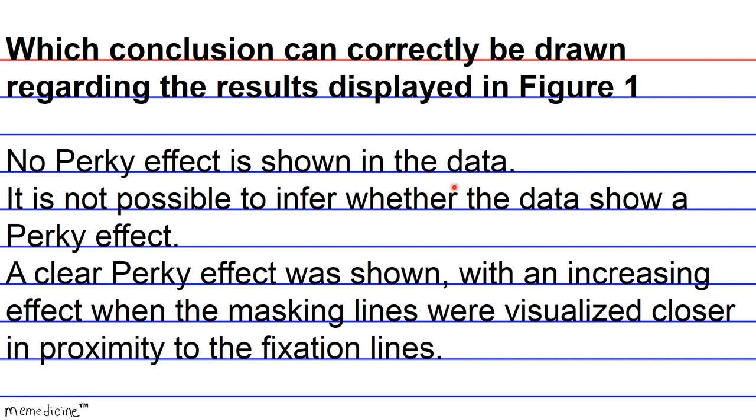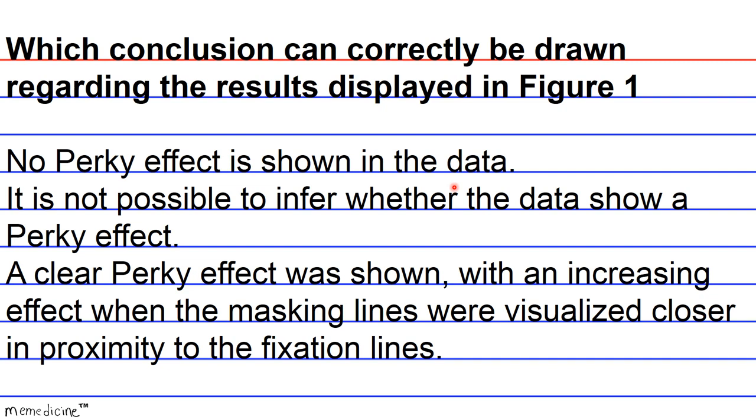The Perky effect describes a significant reduction in acuity in imagined lines and black line conditions. This is something that you would probably have to know from outside of the passage. So this is standalone knowledge that you would have to bring with you to the test, okay?